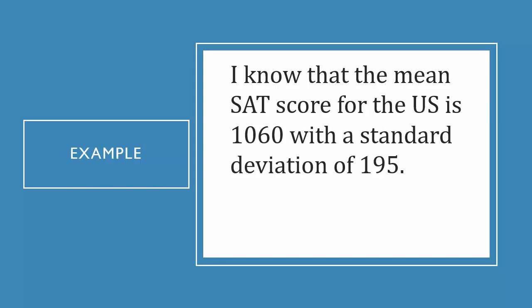So what we would do is take the mean for the entire United States, which is 1060, and the standard deviation, which is 195, and we get the mean for our high school. We'd also have to know how many people are in that mean, because we're going to need the square root of n. And then we can figure out whether or not this high school is significantly different from the population, from everybody else.